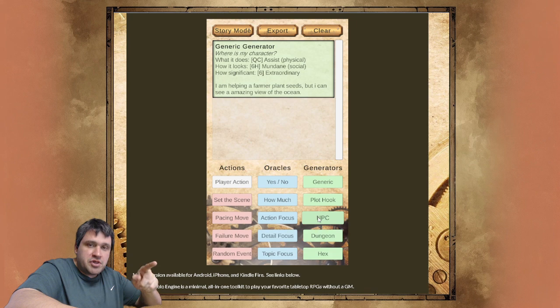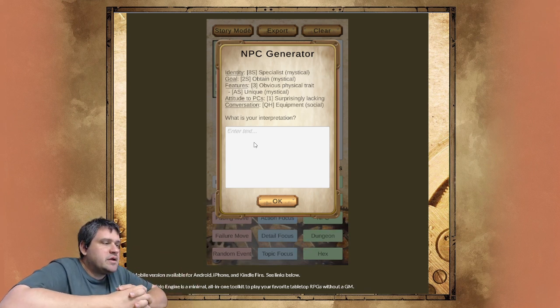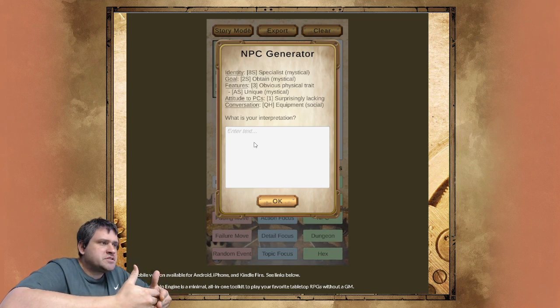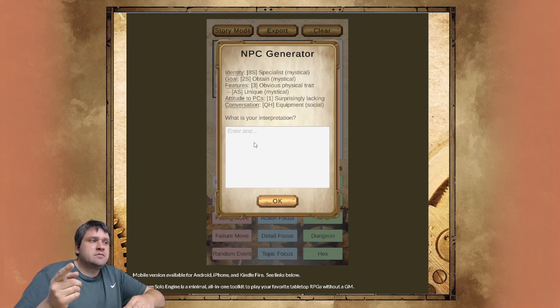And let's say we're helping an NPC. So the NPC will be like this: specialist, so a farmer. Goal is to complete the farm. Obvious physical trait, unique. The farmer has a very unique trait. Unique, something odd.